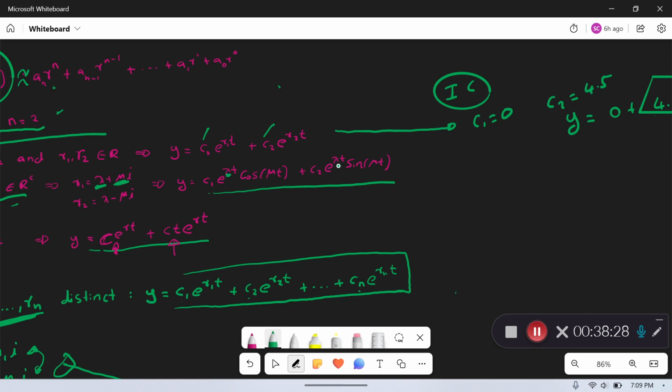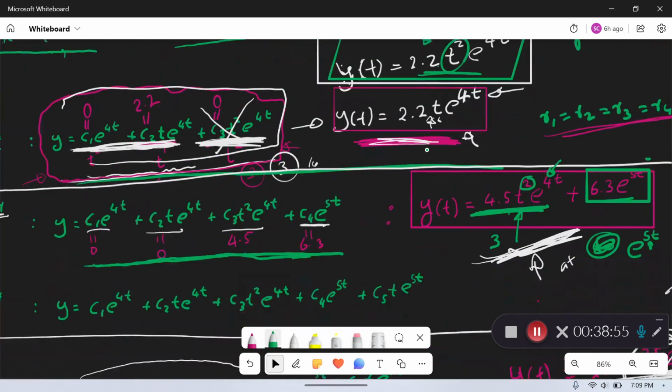So here you have lambda, here you have lambda, and in both cosine and sine, you have the same mu. So if it is the same conjugate pair, if you have cos 5t here, you have to have sine 5t here. Now, if the term you have here is different than this one, that means it represents a different conjugate pair.